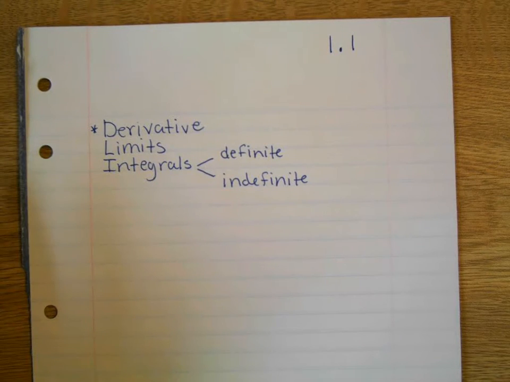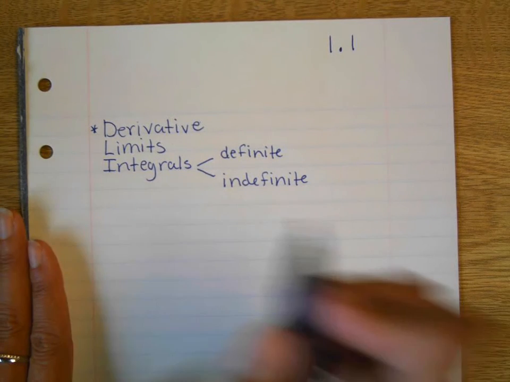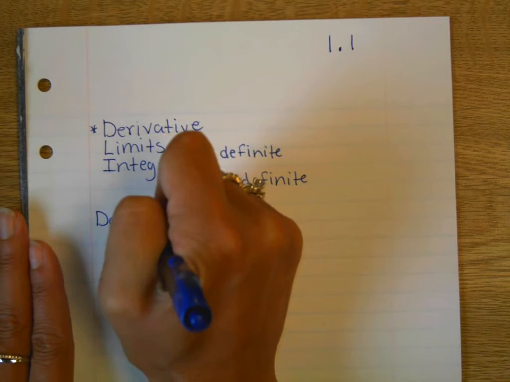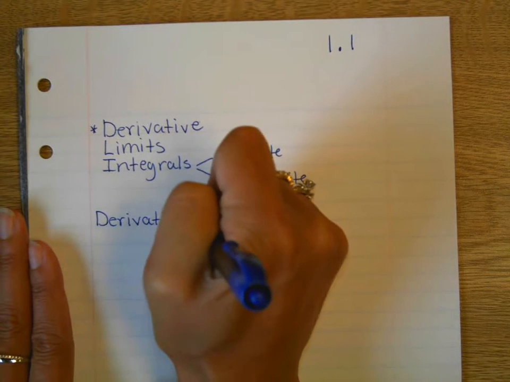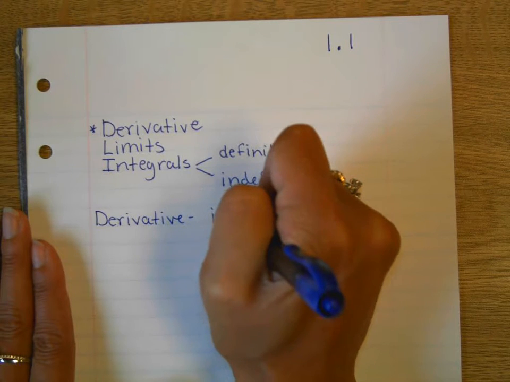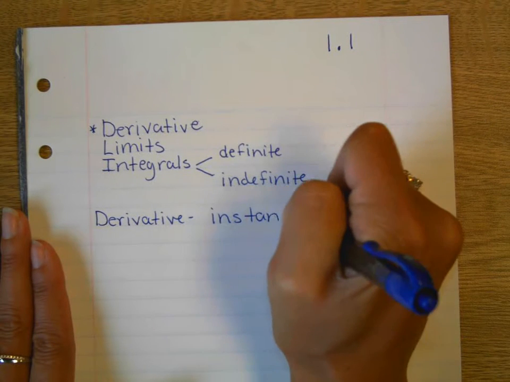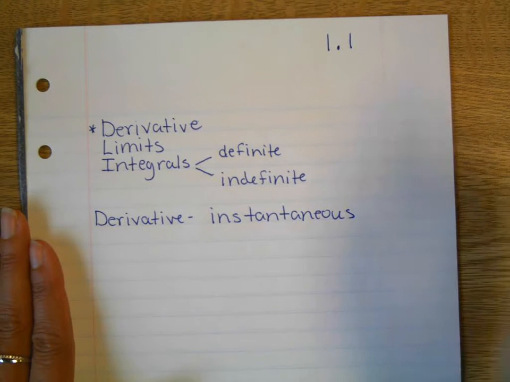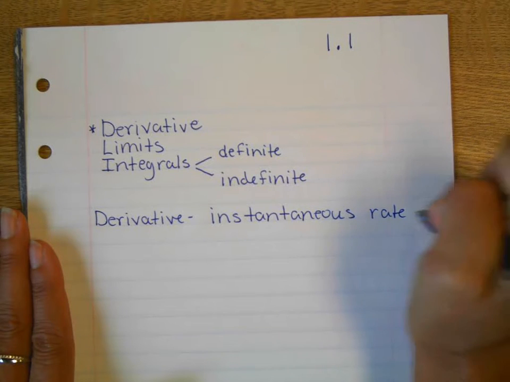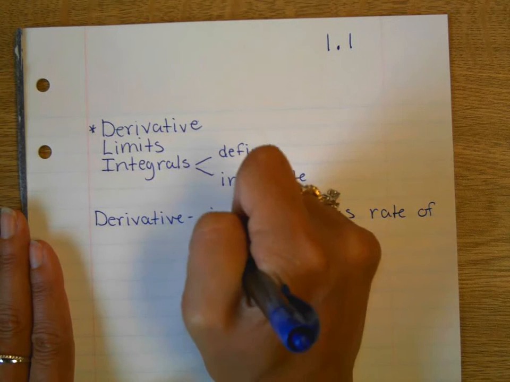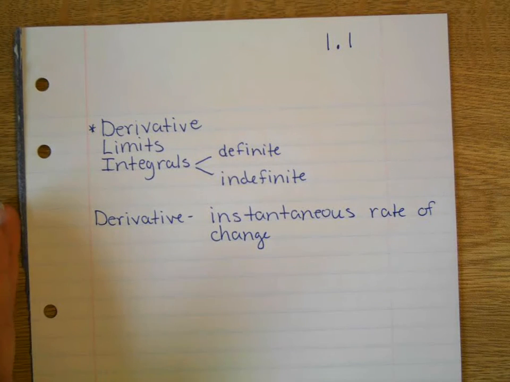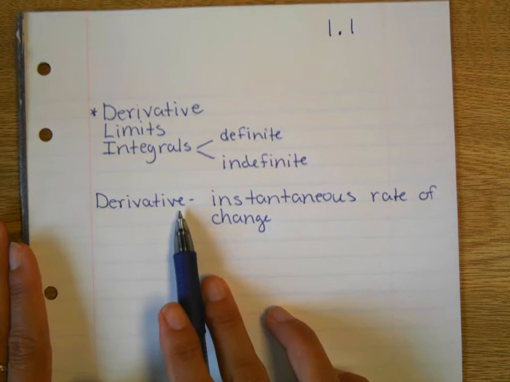A derivative is an instantaneous rate of change. And when we talk rate of change, we're talking about how fast something is changing at a given instant. And it takes calculus to do this.